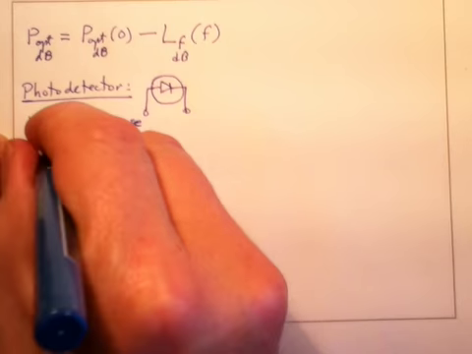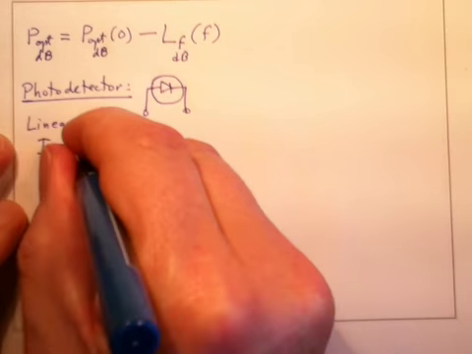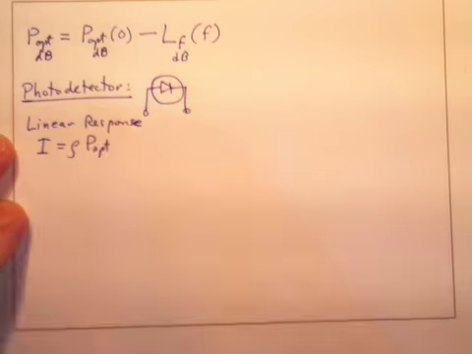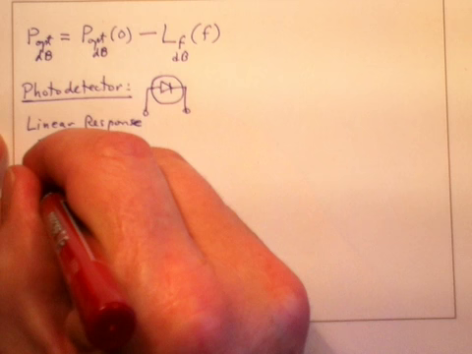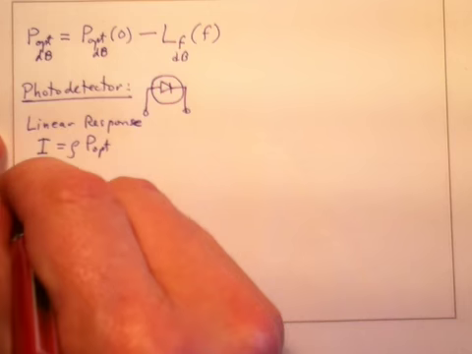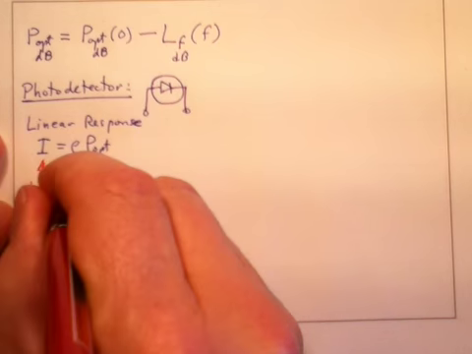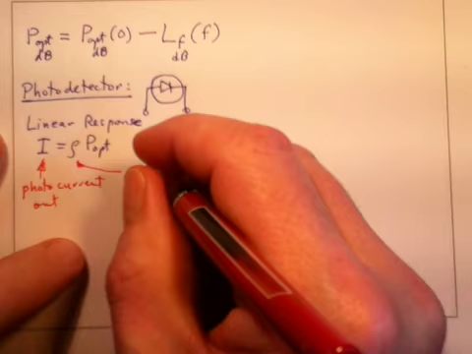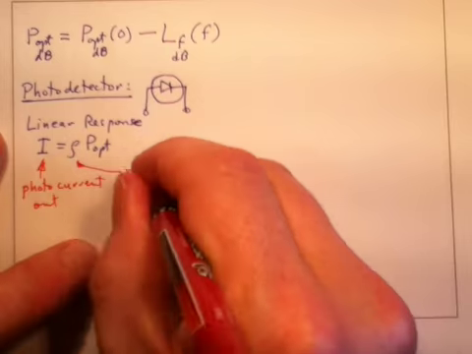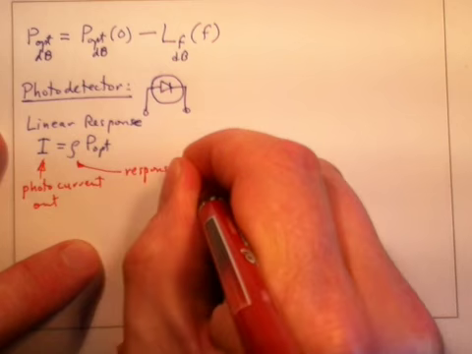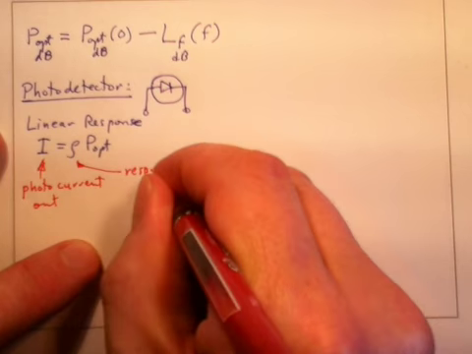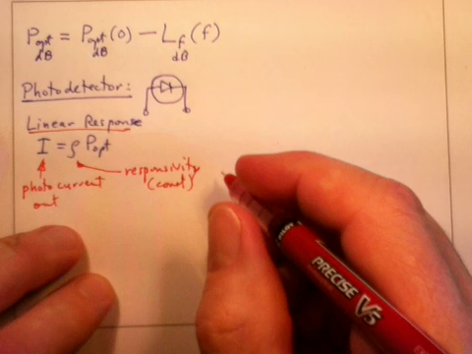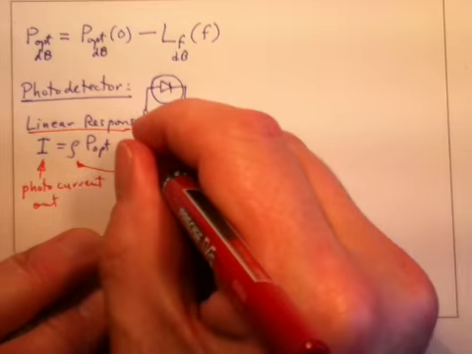We're going to write I equals rho times P optical. This is the photocurrent output, this is the responsivity, which is assumed to be a constant in this linear model, and this is the input optical power.